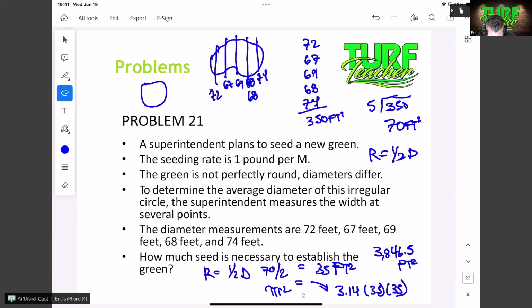And so, let's see, necessary. We have our square footage. So basically he's going to need just less than 4, because we got 3,846 square feet for that green. It's 1 pound per thousand. So just a hair shy of 4 pounds.